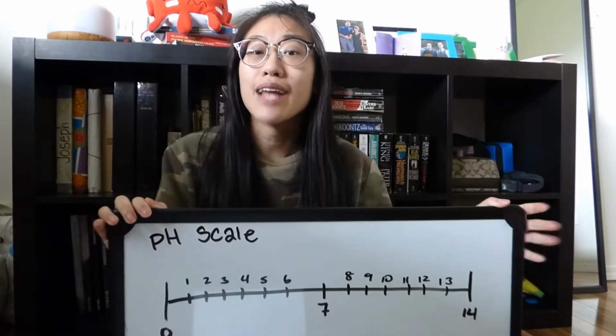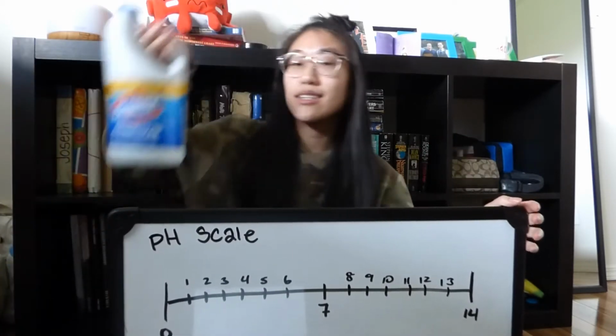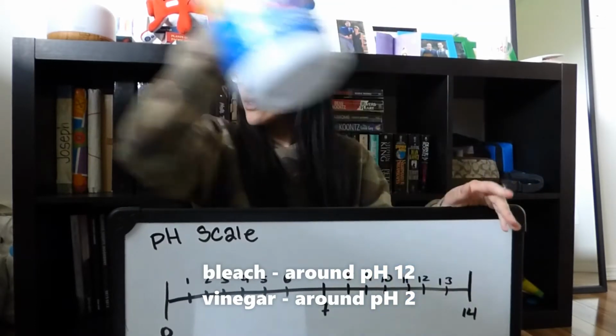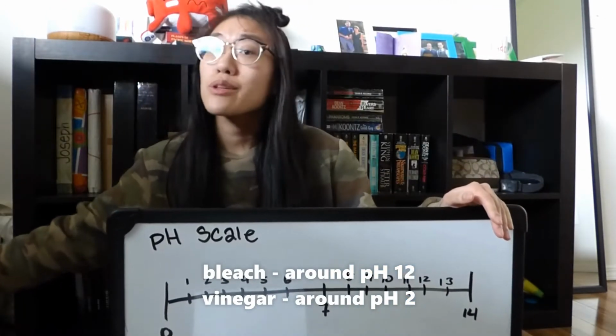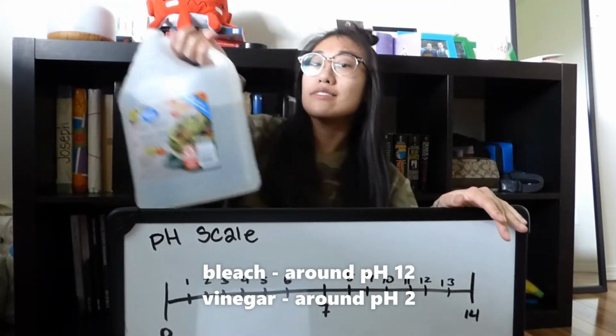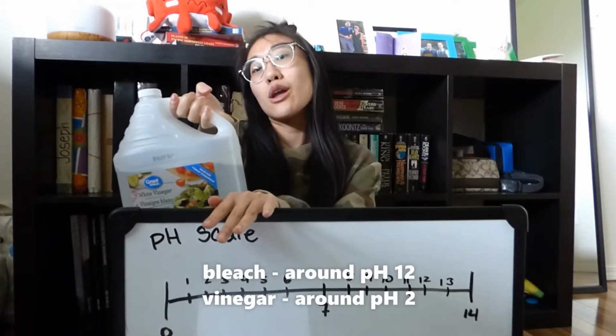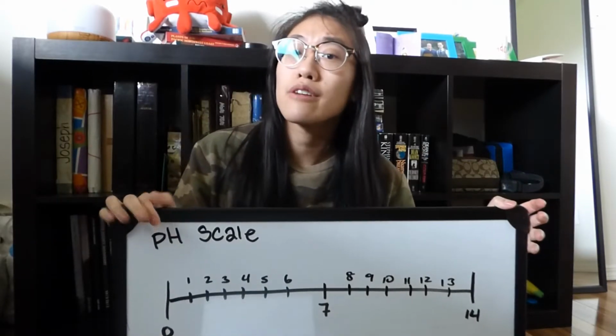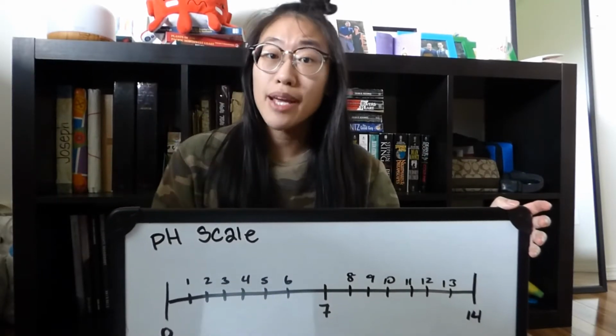A household item that is basic is bleach. It'll be on this end of the scale. And a household item that is considered acidic is vinegar, on the lower end of the scale. Another really good example of something that's acidic is our stomach acids.